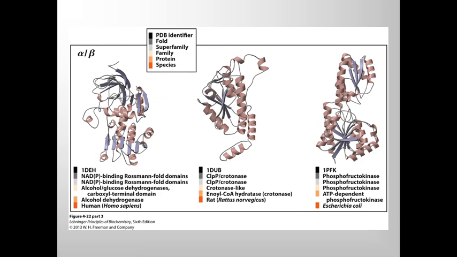Continuing our discussion here, alpha slash beta families, or alpha beta barrel kind of families, are plenty. For example, alcohol dehydrogenase is another protein that belongs to NADP binding Rossmann fold domains, or another protein like ATP dependent phosphofructokinase belonging to the phosphofructokinase fold.